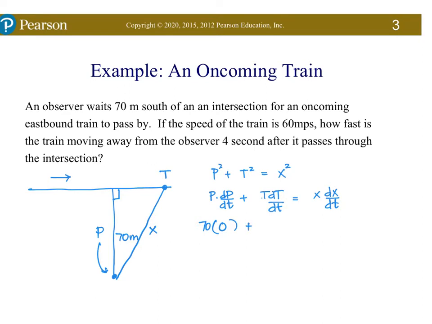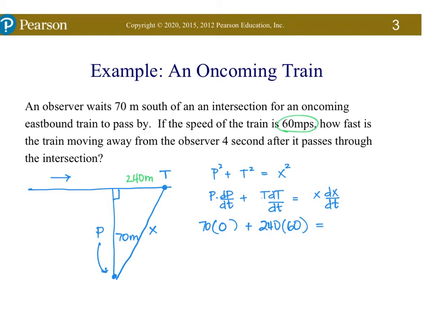Now we need a value for t. 4 seconds have passed, and we know that the speed of the train is 60 meters per second. And so the train in those 4 seconds must have traveled 240 meters. And so I can plug that value in. And we know that the train has a speed of 60 meters per second.